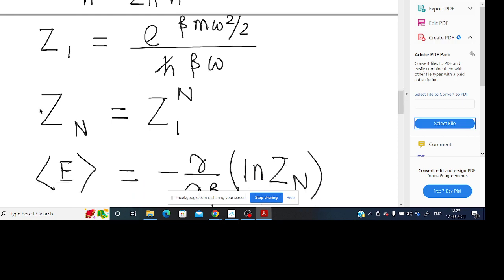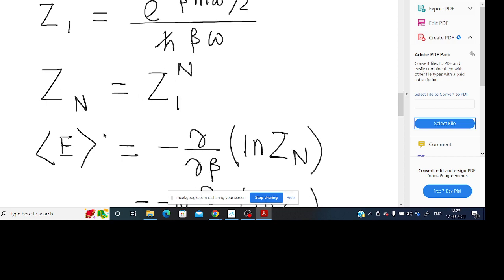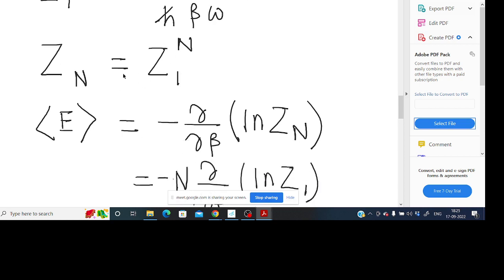Okay. And this N-particle partition function is equal to the single particle partition function to the power the number of particles. This we can show also. First understand this problem, then if we have time then I'll show it. And this average energy can also be written as minus del del beta of log Zn.